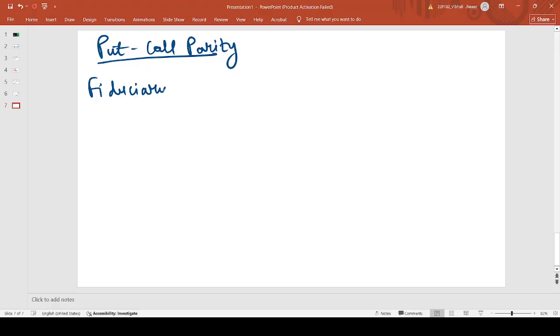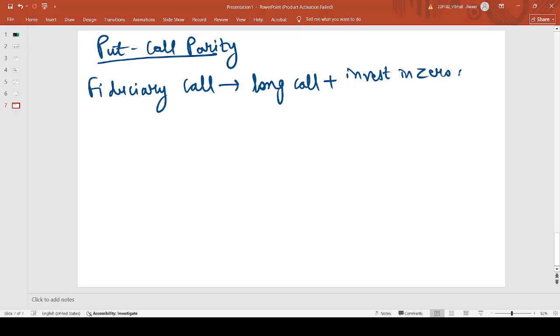Fiduciary call means long the call, buy the call option, plus invest in a zero coupon bond. So there are obviously no interim interest payments. Invest in a zero coupon bond of face value equal to your strike price or exercise price.